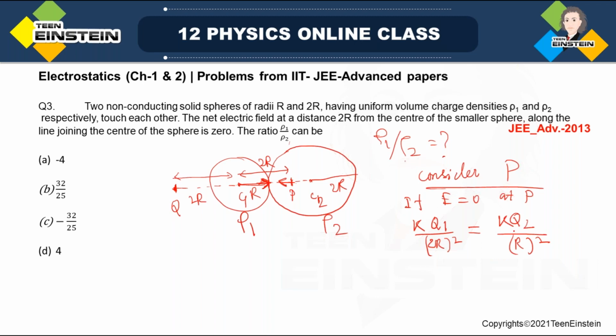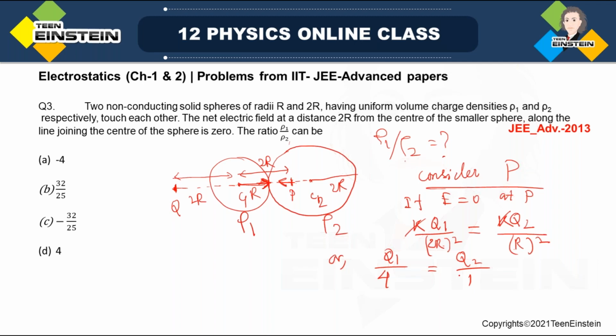So in this case, K anyway gets cancelled, r square gets cancelled, so this is Q1 by 4, and this is Q2 by 1.